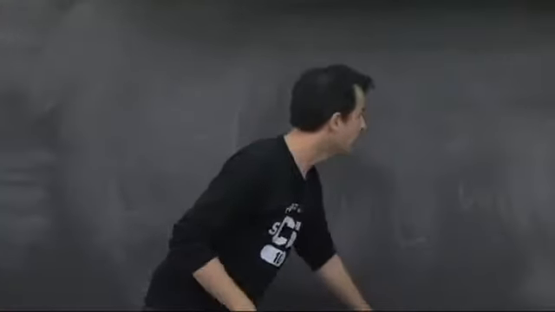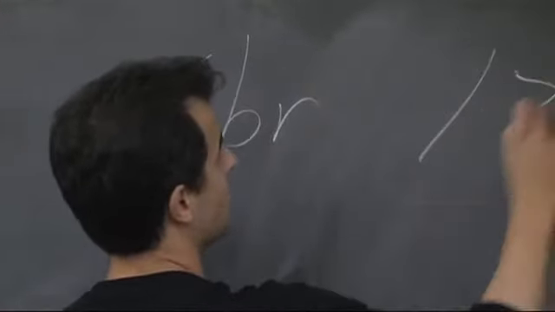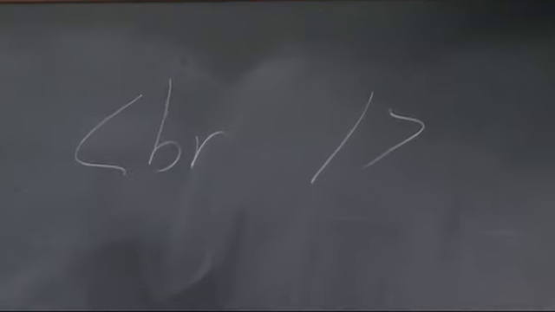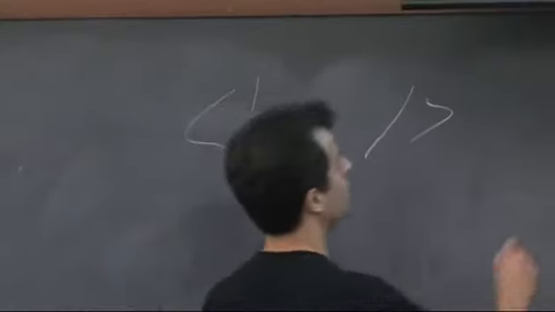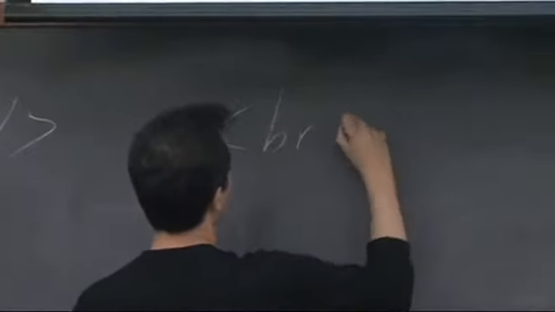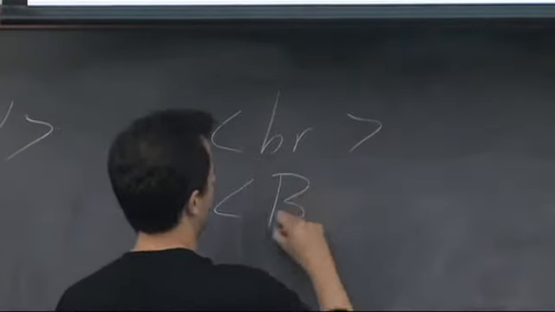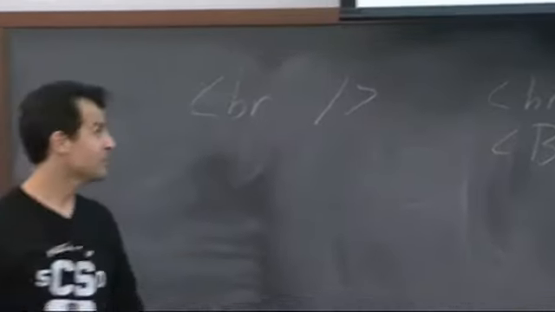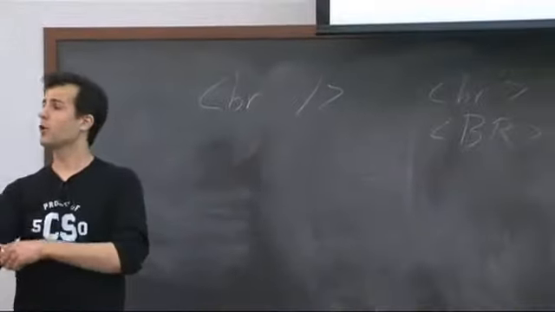So if you've seen in my own code or other folks' code, something that looks like this is BR/close bracket. This is well-formed XML. Whereas in the HTML world, you could get away with just open bracket BR or even open bracket capital BR. And browsers, for better or for worse, will pretty much behave the same these days with all of these.